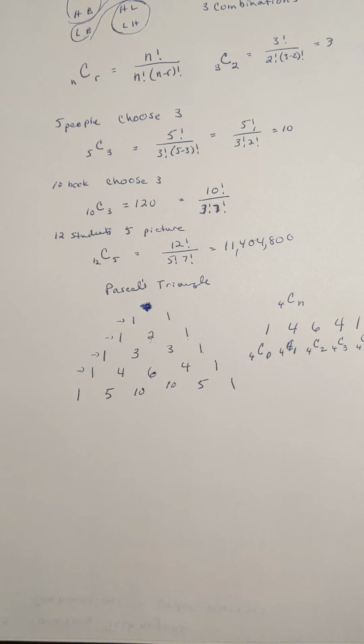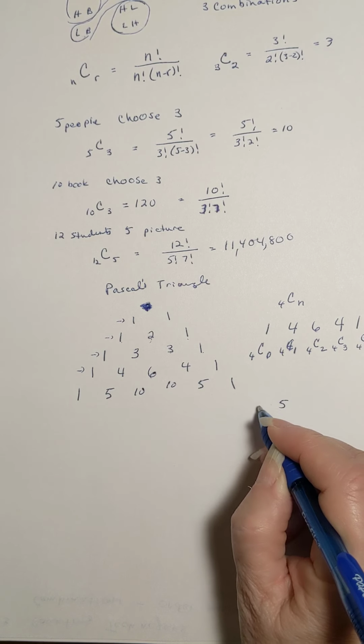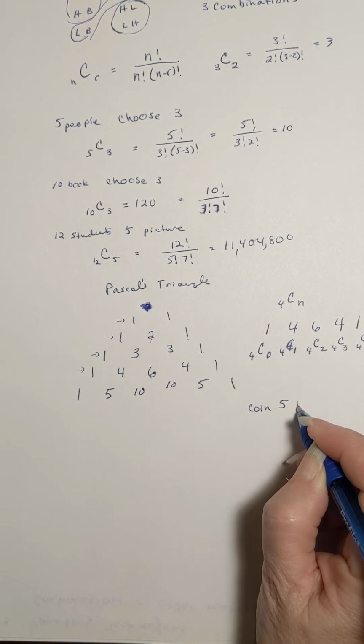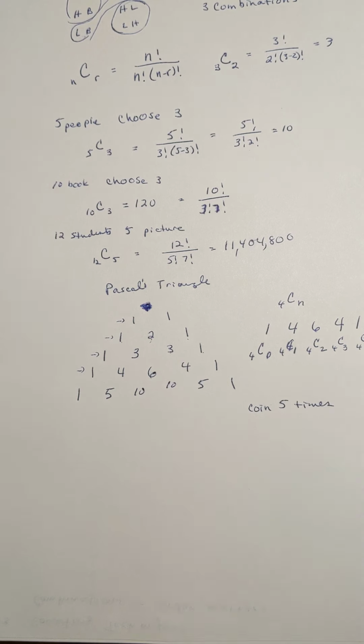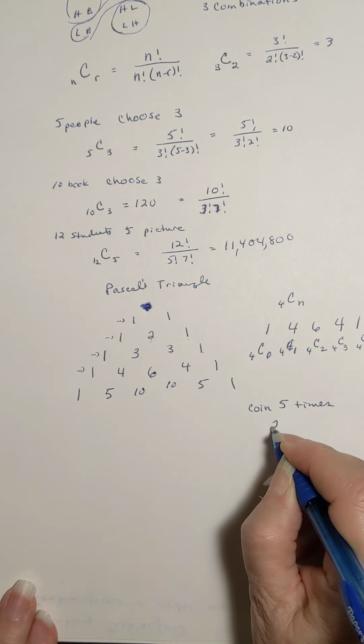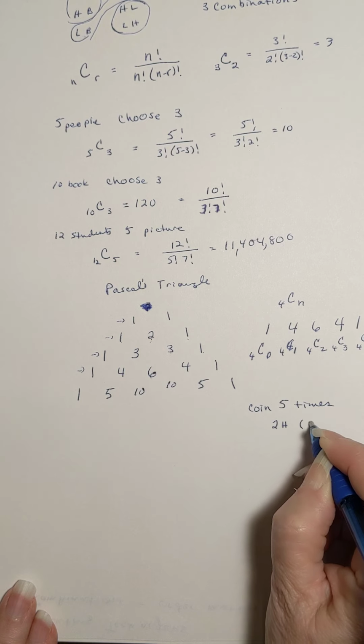Now I'm going to show you one that's not really combinations or permutations. Let's say that I have a coin and I toss it 5 times. All right, now remember that the number of ways of tossing it would be 2 times 2 times 2 times 2 times 2. But if I said, exactly how many ways could I get 2 heads and therefore 3 tails?